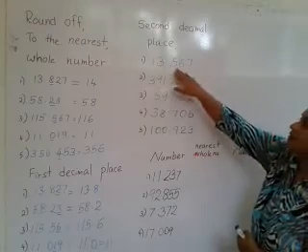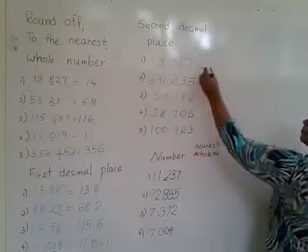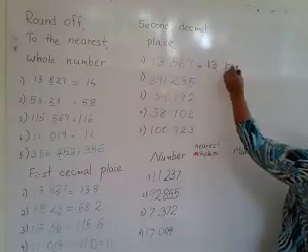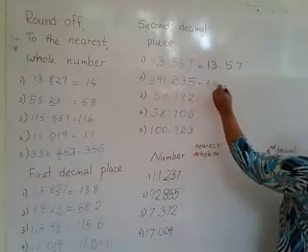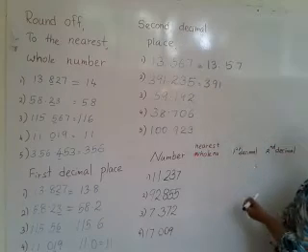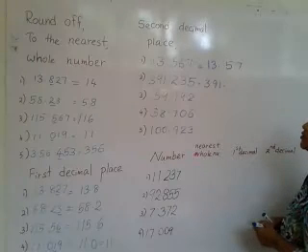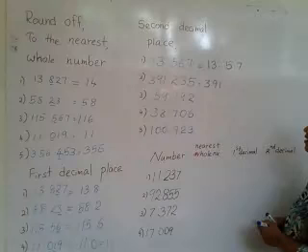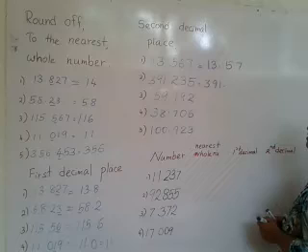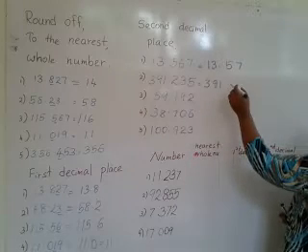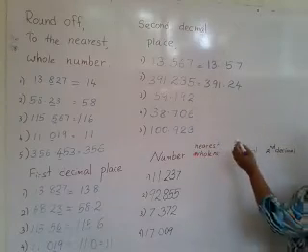It is closer to 13.57. And 391.235 is between 391.23 and 391.24. Which is closer? We have to take 24, because 5 is halfway.